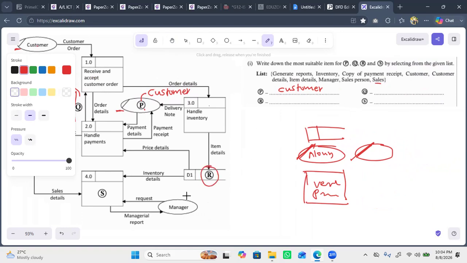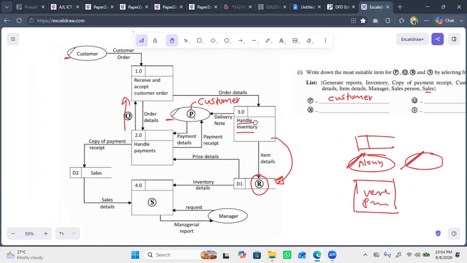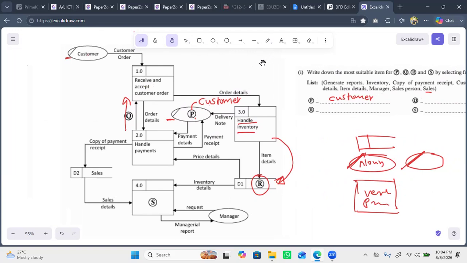R, a data store. This handle inventory process is dealing with this data store. What should be this R? First of all, I am going to get a simple idea of what this DFD diagram is. Receive, accept, customer. Okay, customer is there. Customer places the order. Then this process is receiving and accepting the customer order. Once the order detail comes, it is given to the handle inventory process.